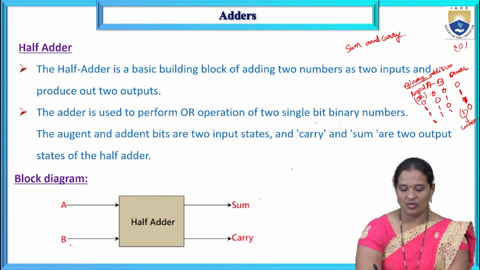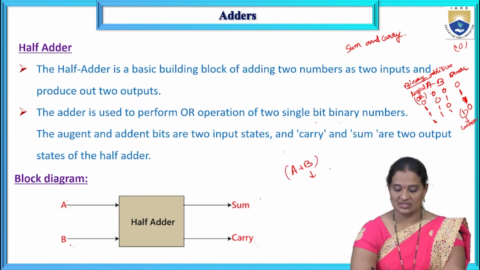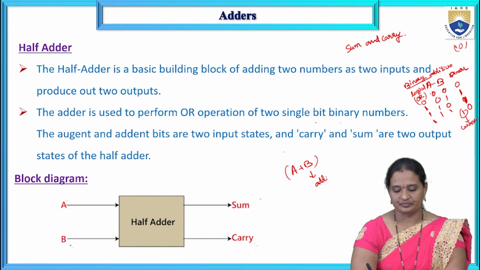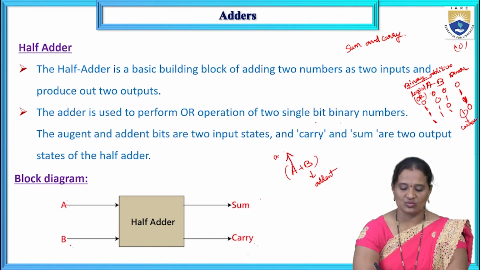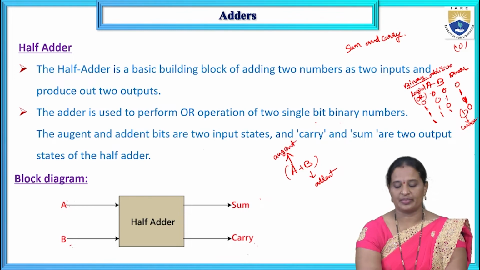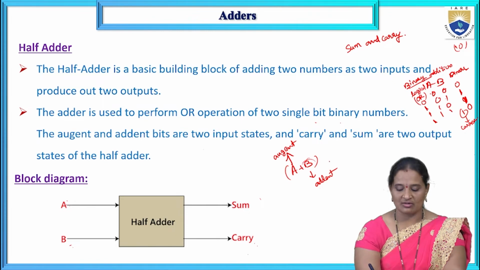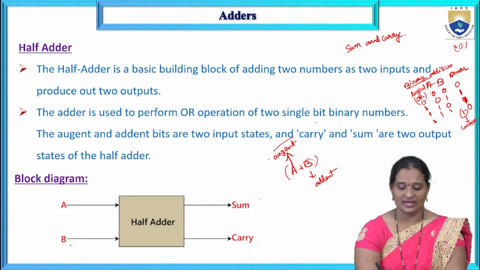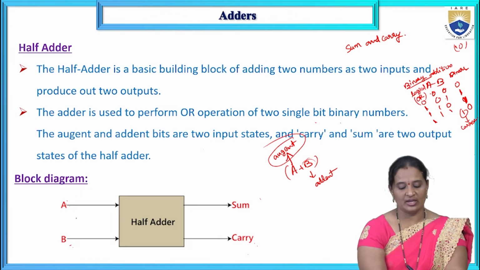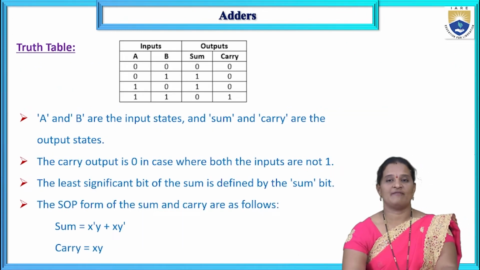Whenever you are performing A plus B, B is known as the addend bit and A is known as the augend bit. The number which is to be added is called the addend, and the number to which it is added is called the augend. So A is the augend and B is the addend, and we have 2 possible outputs, sum and carry. That is the half adder block diagram.